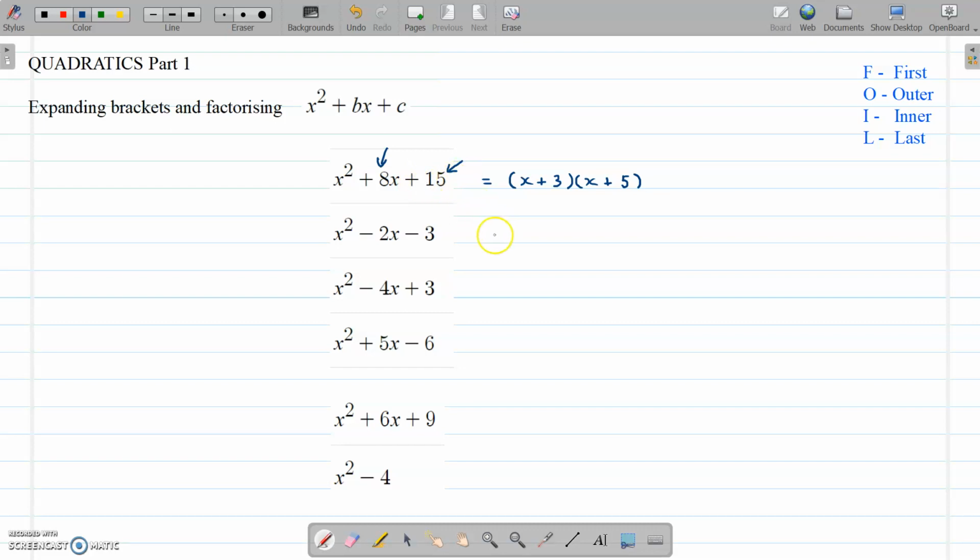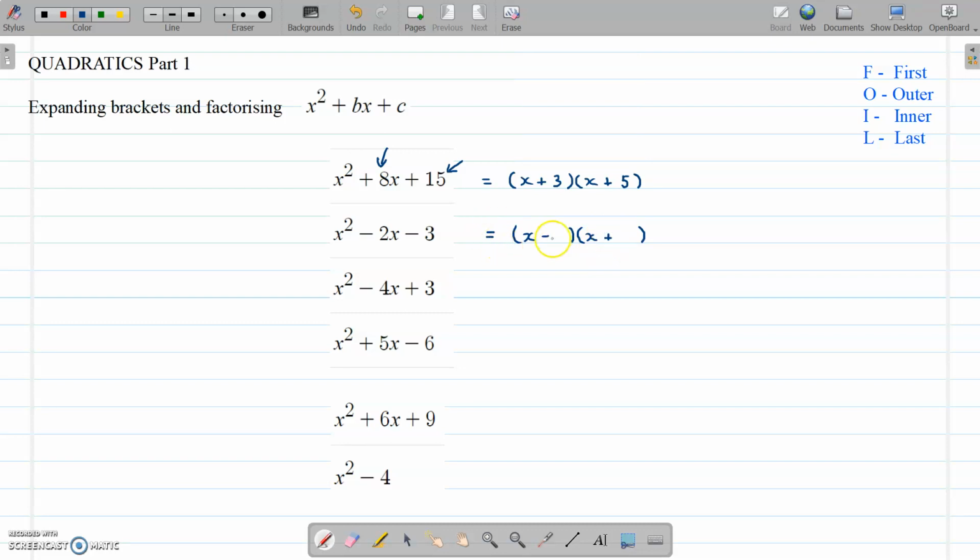All right. Now the next one, we're looking for factors of -3 that add together to give -2. Now one of these is going to be a minus and one's going to be a plus, because the only way of getting a negative number by multiplying two numbers together is that one's negative and the other is positive. So we can be confident that one's a minus and one's a plus.